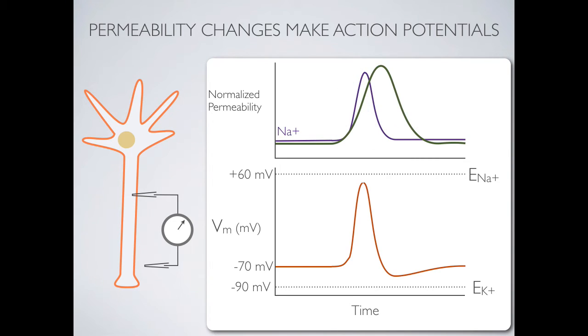As a consequence, there's a delay. Sodium permeability has the rapid rise that drives the membrane towards that equilibrium potential. And then very shortly thereafter, you have the rise in potassium permeability, which then drives the repolarization of the membrane. So this decline in the slope. Does that make sense?